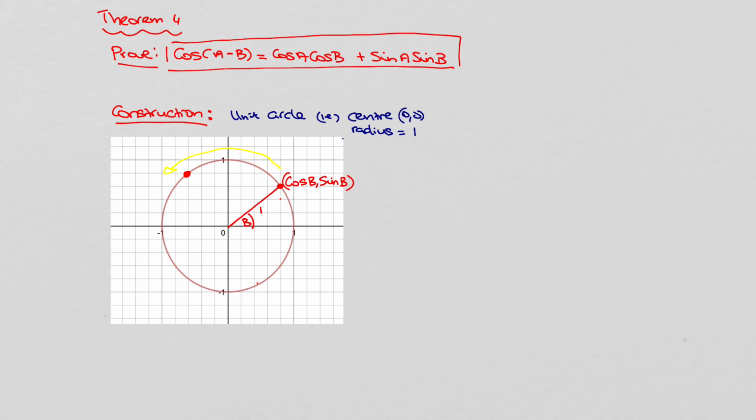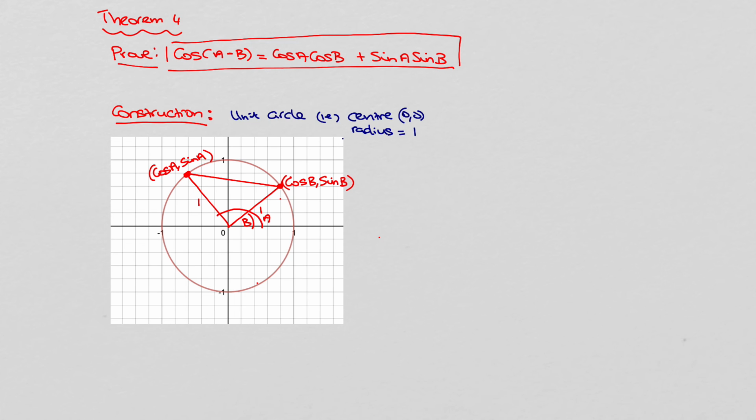So again, if I connect from the center to that point, that's radius 1. So the angle that I've traced out from the x-axis to that point, we're going to call angle A. So that point here that I've drawn, let me remove that yellow arrow, will be called cos A, sine A. So if I connect those 2 points, what you're now going to see is a triangle.